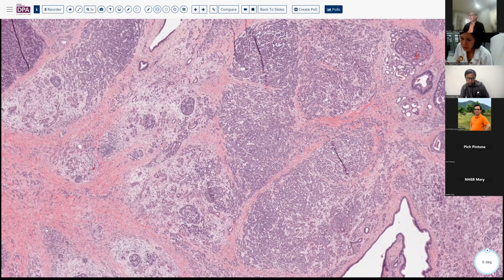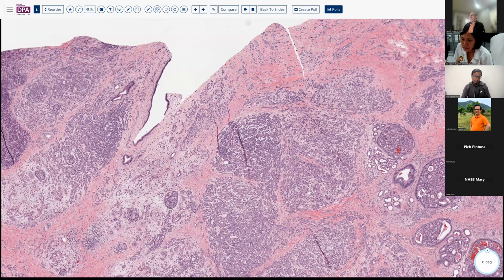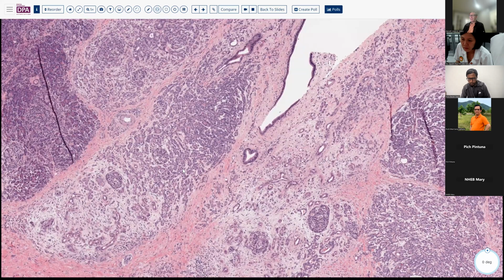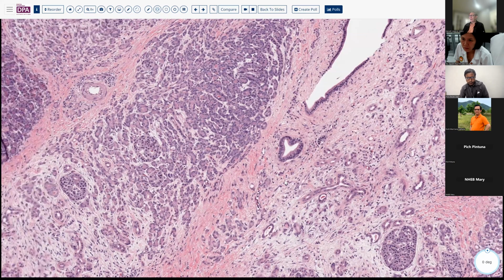And that can be deceptive at times in this circumstance. But the associated changes here in the lobules of the variability and then the extension into surrounding tissues.